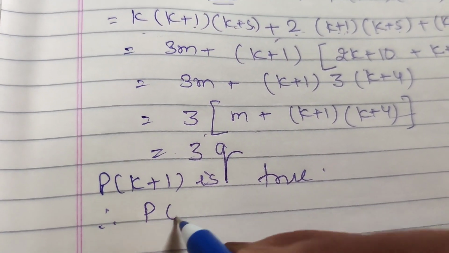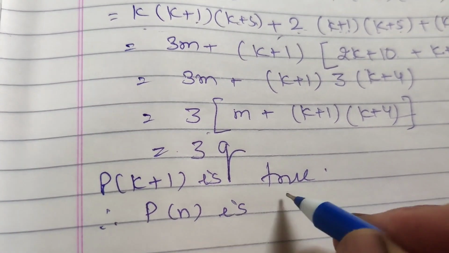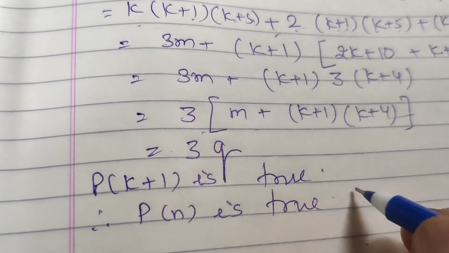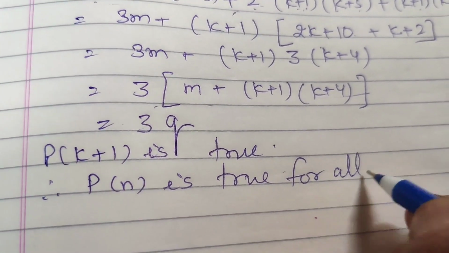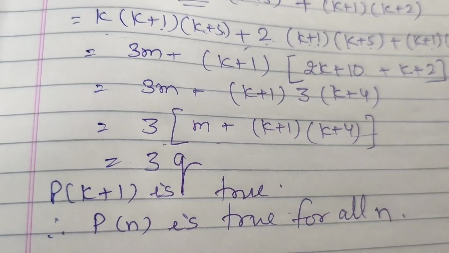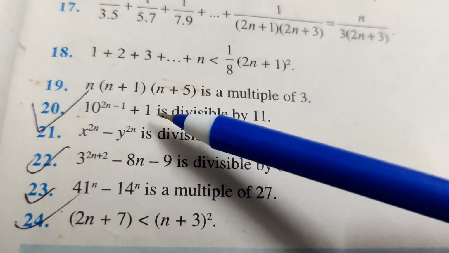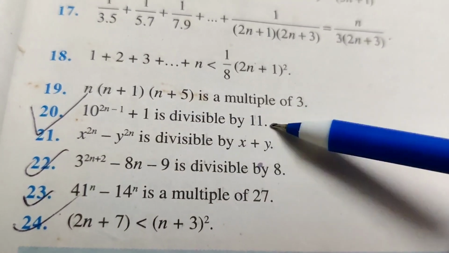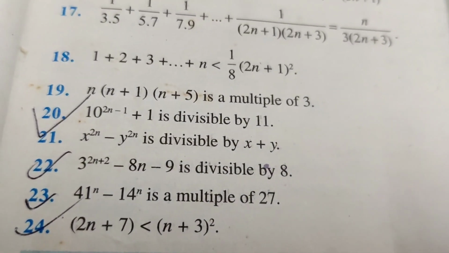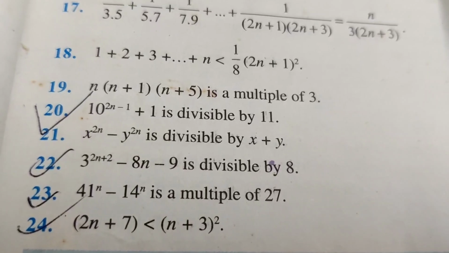Therefore Pn is true for all natural numbers. The question number 20 is: 10 raised to power (2n minus 1) plus 1 is divisible by 11. It is true for all the values of n.